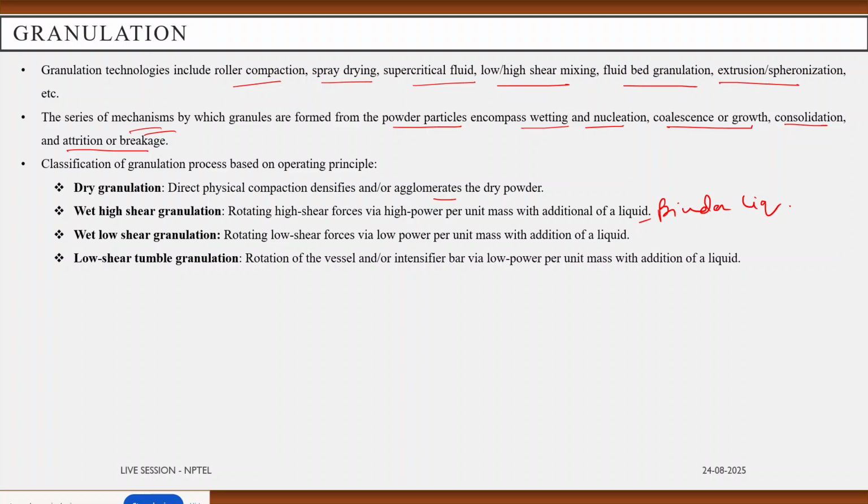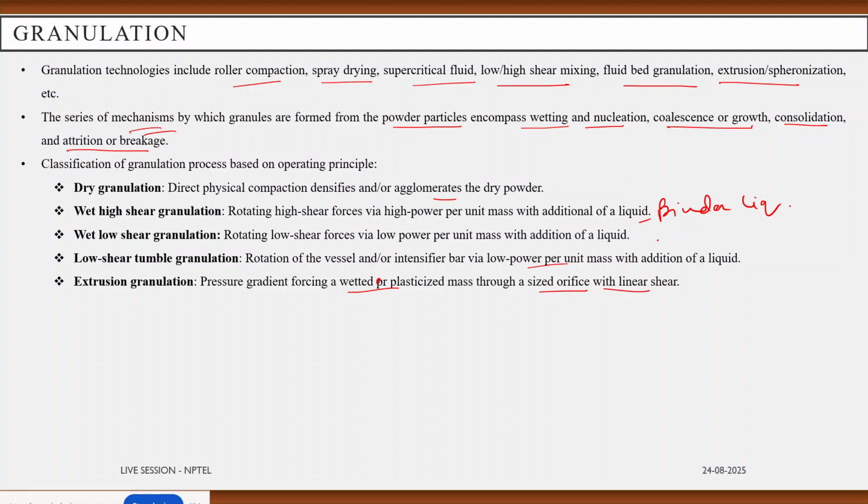And low shear tumble granulation, which also uses the wet granulation process and rotation of the vessel or any intensifier bar by a low power per unit mass with addition of the liquid. Extrusion granulation, where a pressure gradient forces a wetted or plasticized mass through a sized orifice with linear shear, produces the extrusion granulation process.